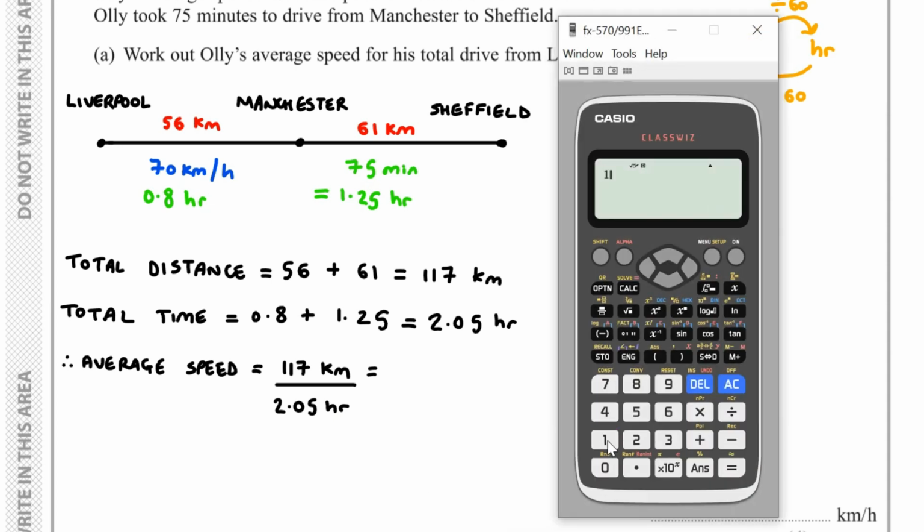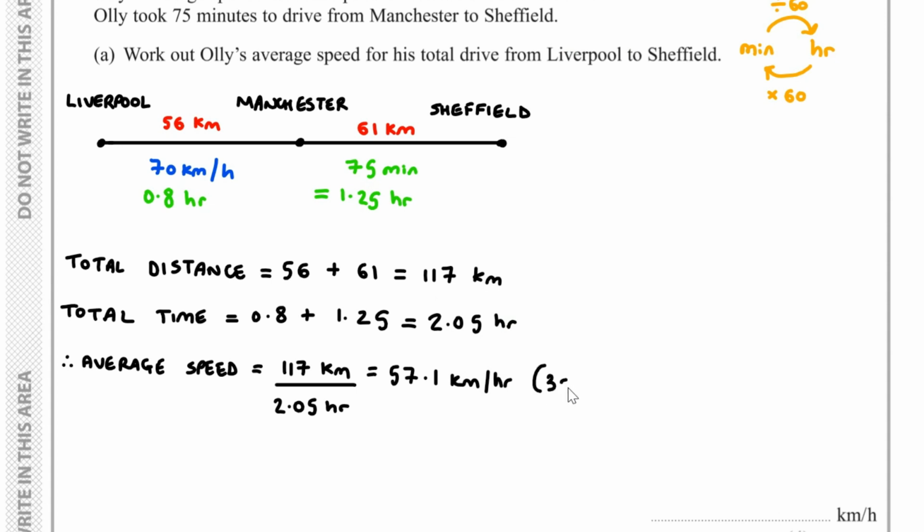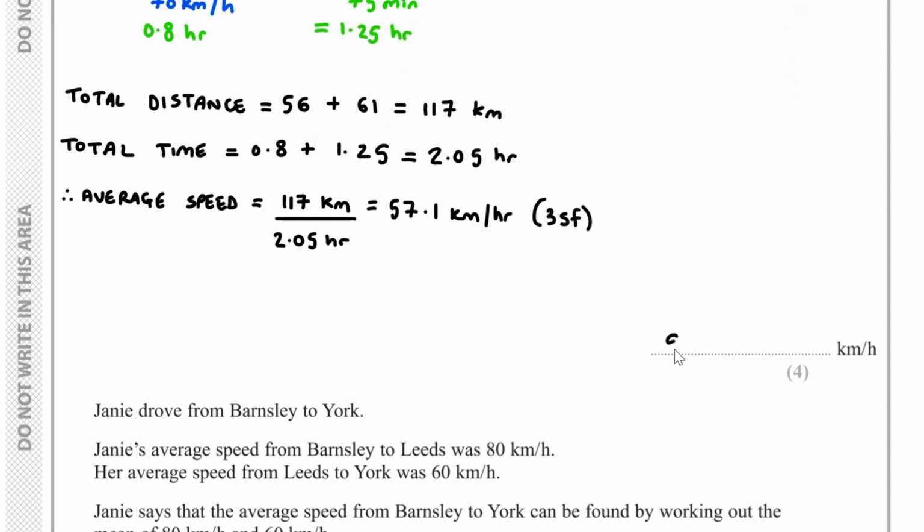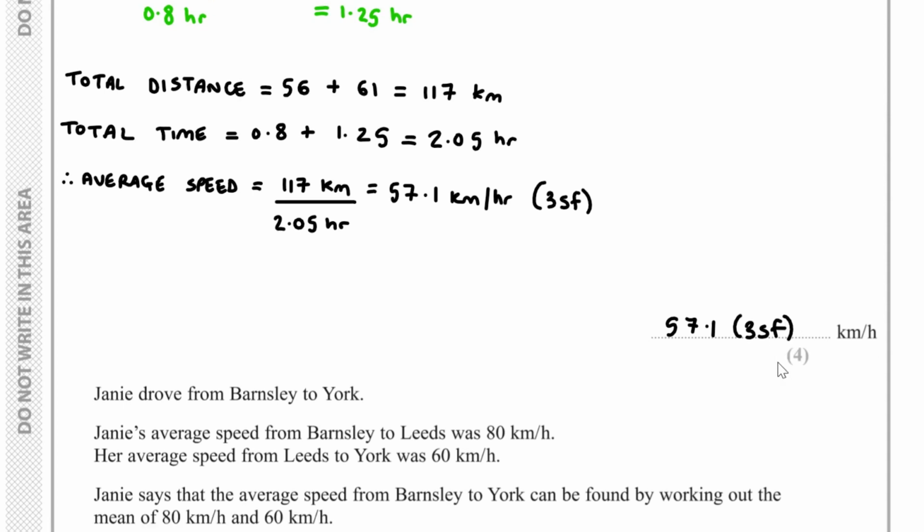So if we work this out, we get 117 divided by 2.05, which is 57.1 kilometers per hour, and this is given to 3 significant figures. So we have 57.1 kilometers per hour given to 3 significant figures.